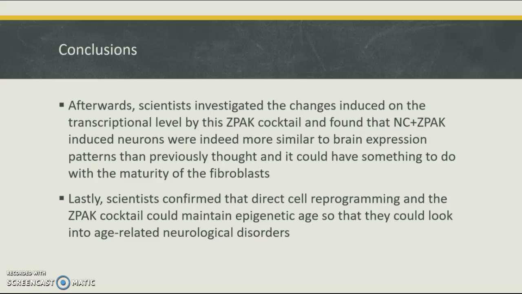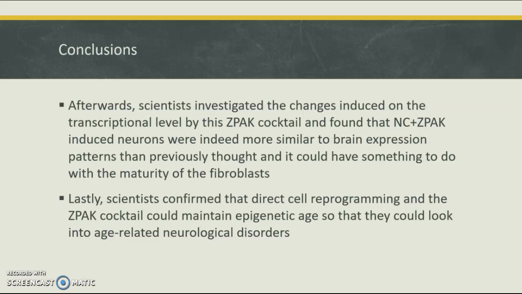Afterwards, scientists investigated the changes induced on the transcriptional level of the Z-Pak cocktail and found that the Z-Pak induced neurons were indeed more similar to brain expression patterns than previously thought, and scientists hypothesized that at the end it could have something to do with the maturity of the fibroblasts. However, further experimentation would need to be conducted in order to prove this.